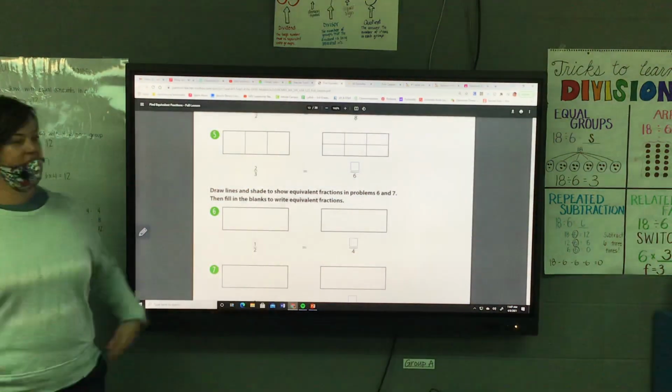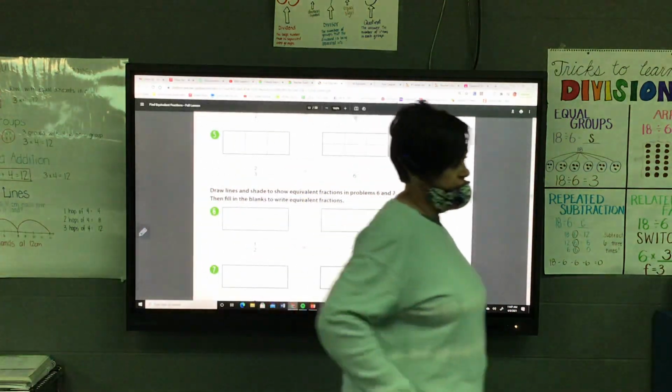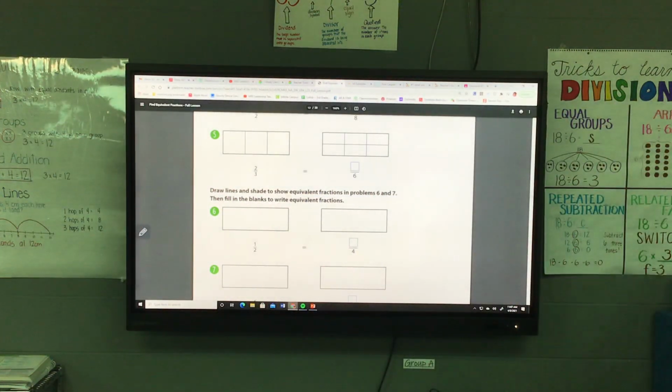Color it in so that it has the same amount colored on both sides, on both rectangles. And then write the fraction for what you colored on that side.